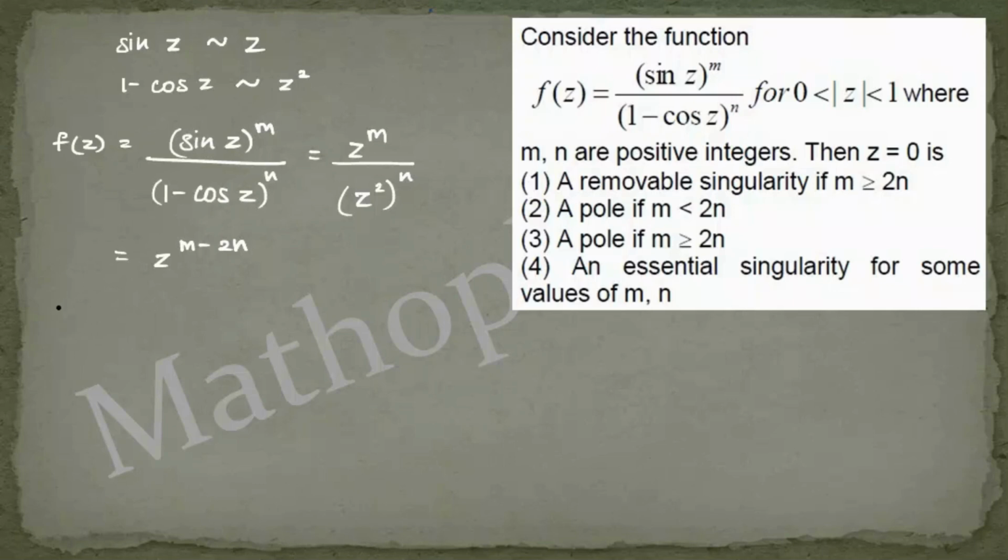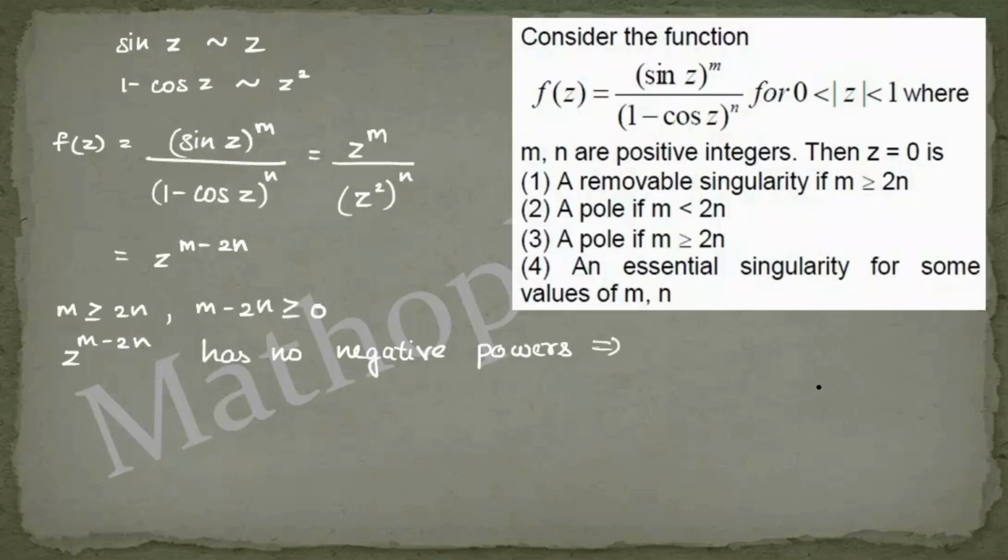So suppose m greater than or equal to 2n, then m minus 2n will be greater than or equal to 0. So therefore z power m minus 2n has no negative powers, which implies removable singularity.